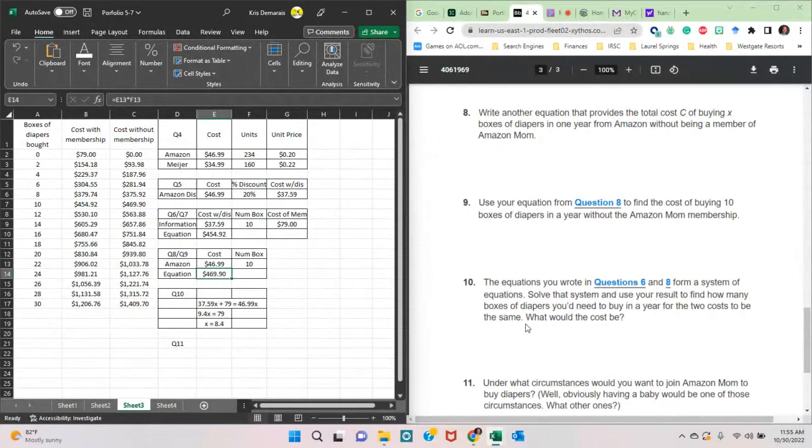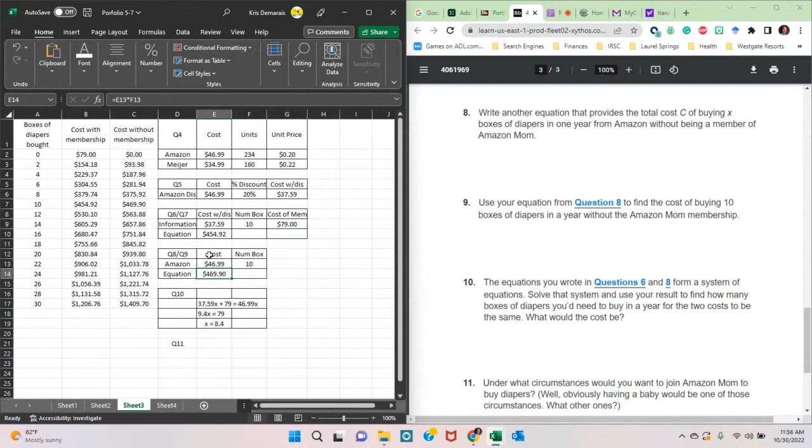And now for question 10, it says the equations you wrote in questions 6 and 8 form a system of equations. Solve that system and use your results to find how many boxes of diapers you need to buy in a year for the two costs to be the same. What would that cost be?